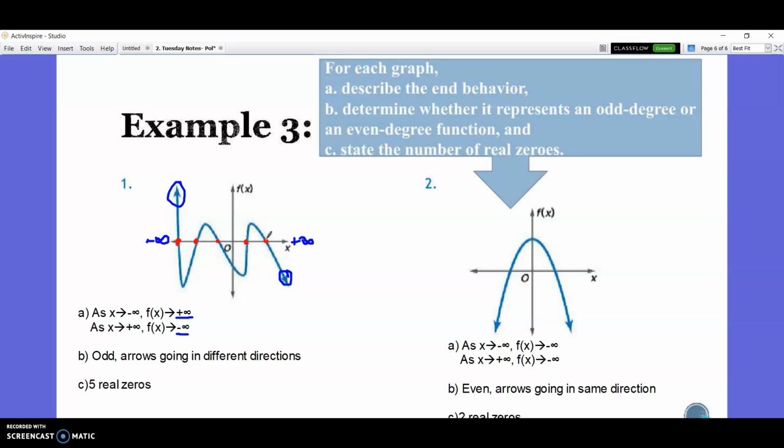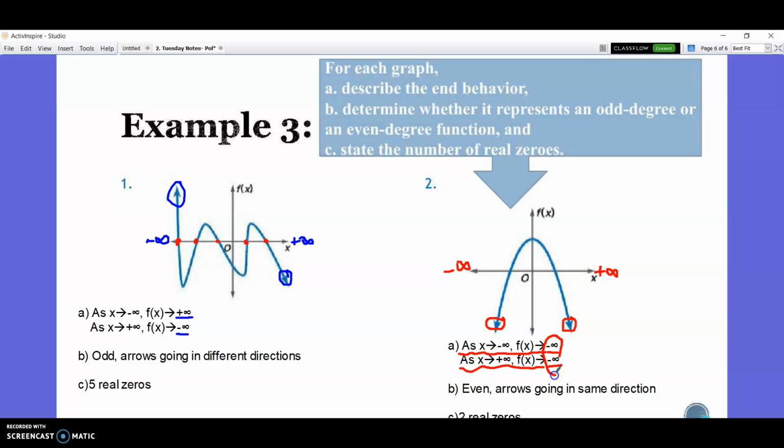For number 2, if we look at the end behavior, negative infinity is right here, positive infinity is on this side, and both of our arrows are facing the same direction. They're both going down towards negative infinity. So the first part is always the same.